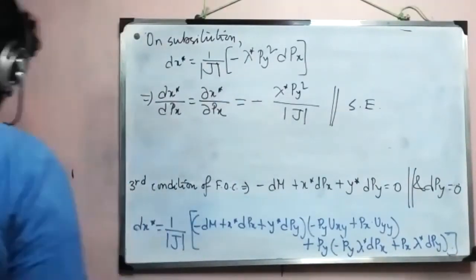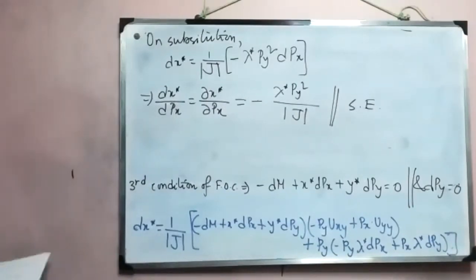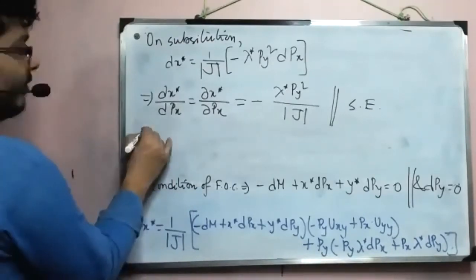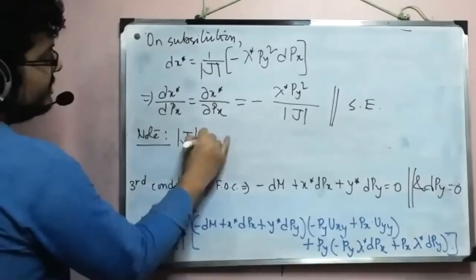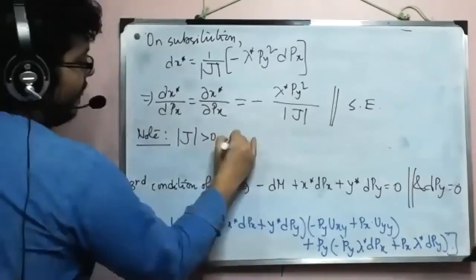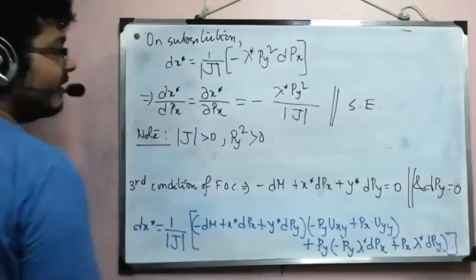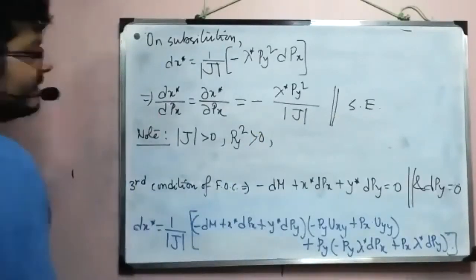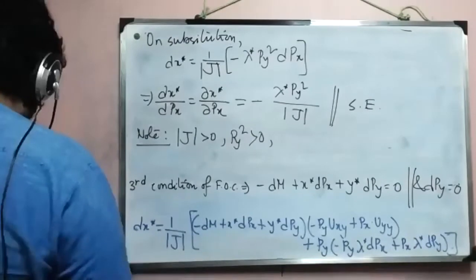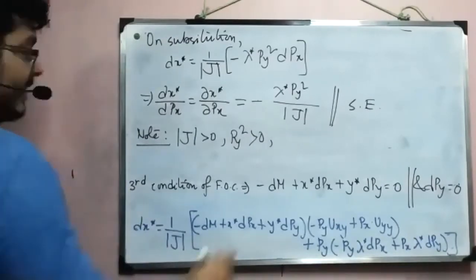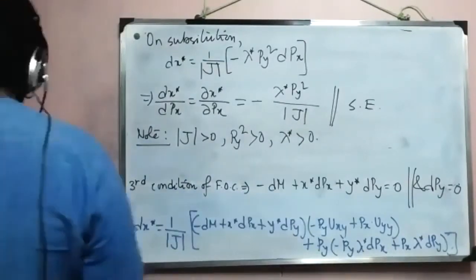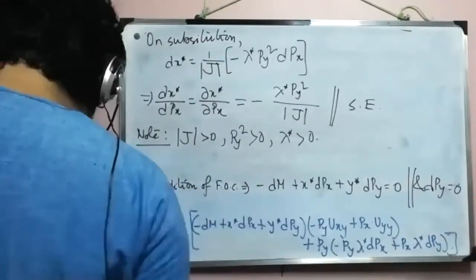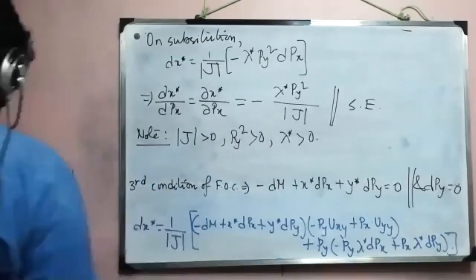Okay, now note one thing, that Jacobian is positive. Now py square is positive. And since we are having a maximization problem, if we solve, then we'll get lambda star as also positive. So we have our Jacobian positive, we have py square positive, we have lambda star positive.